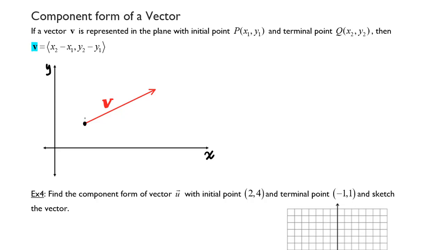The initial point is the point x sub 1, y sub 1, and the terminal point is the point x sub 2, y sub 2. If we wanted to identify these coordinate points in the x direction, we would say the initial value is x sub 1 for the x coordinate, and horizontal shift up y sub 1 in the y coordinate direction.